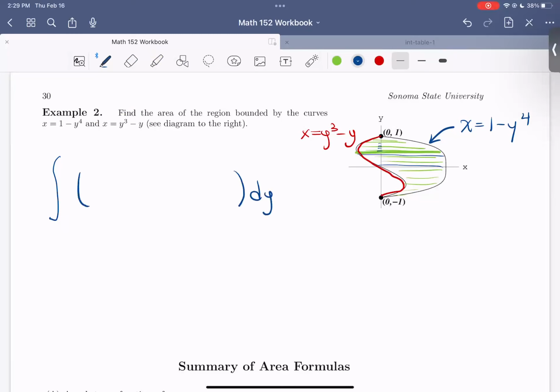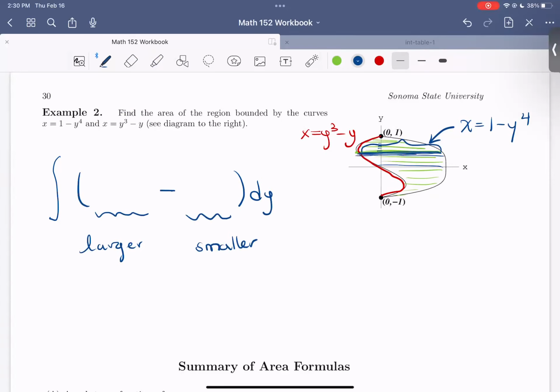Now I need to consider the two functions bounding my area. Similar to when we looked at functions defined in terms of x, we need to look at how we would measure the length of this slice. We use the same method: we subtract the smaller function from the larger function.